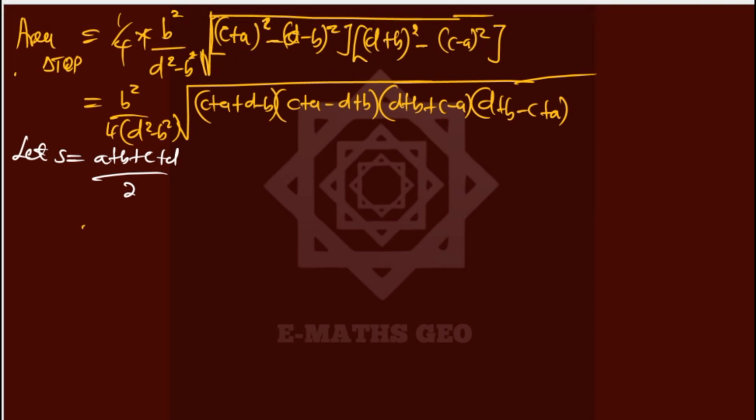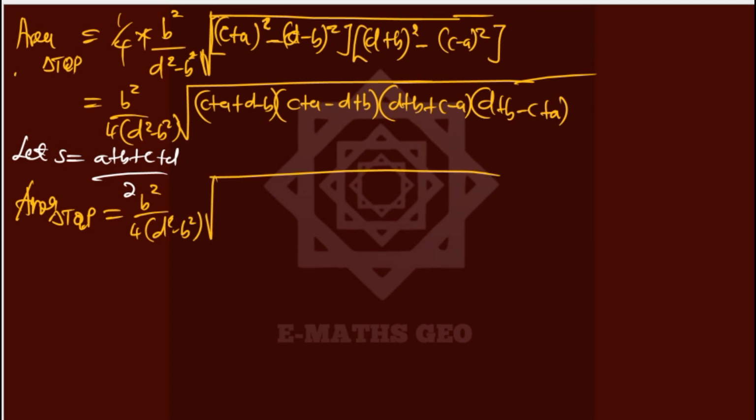So we'll see that the area of triangle TQP is now equal to b squared over 4 times (d squared minus b squared) times the square root of, we can write this as a + b + c + d − 2b.